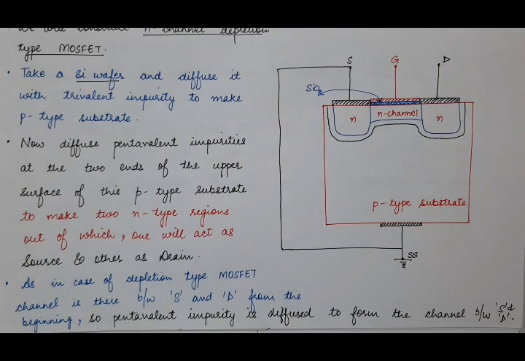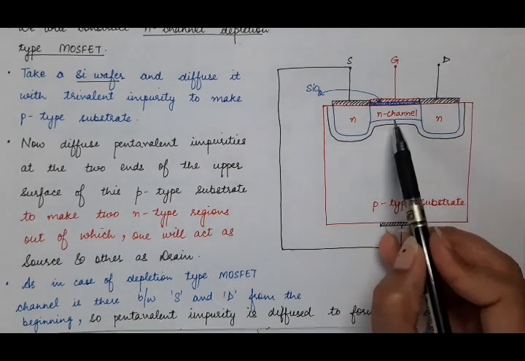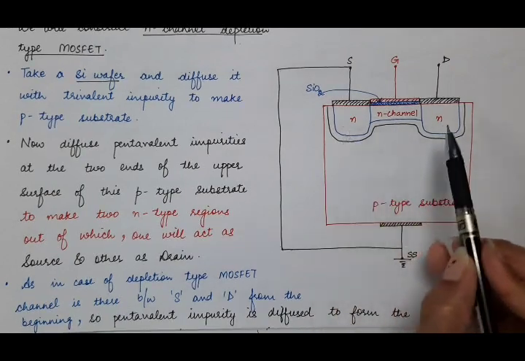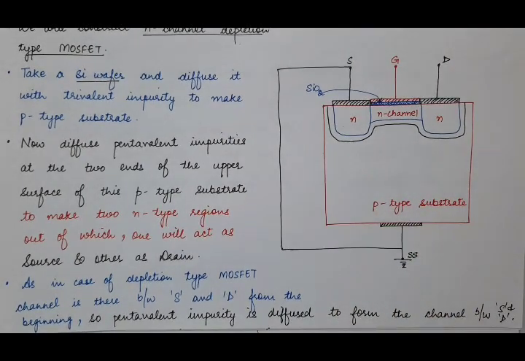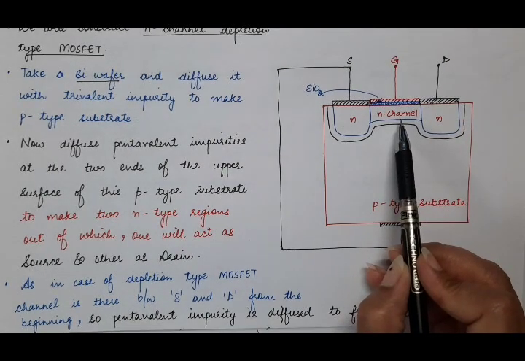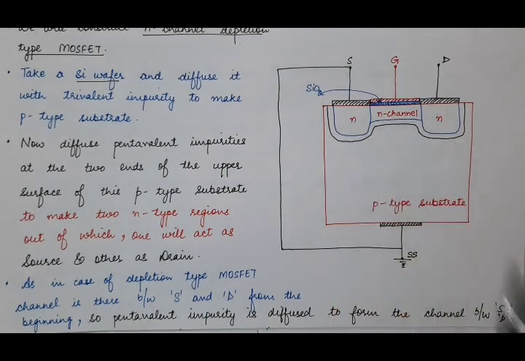And what is the difference of depletion type MOSFET from the enhancement type MOSFET? In case of enhancement type MOSFET, initially there is no channel between source and drain. But in case of depletion type MOSFET, the channel is already there from the beginning between the source and the drain.